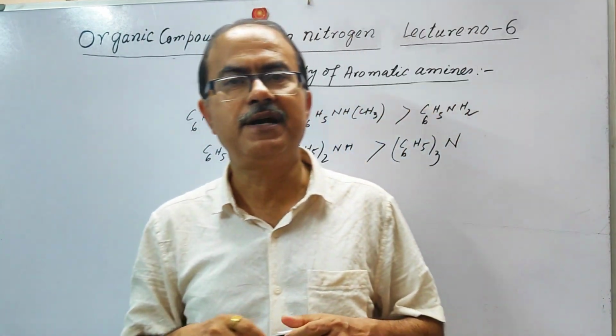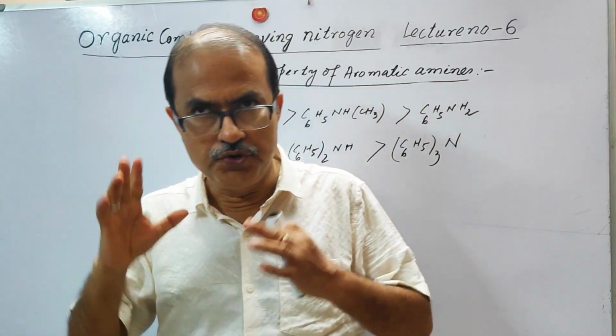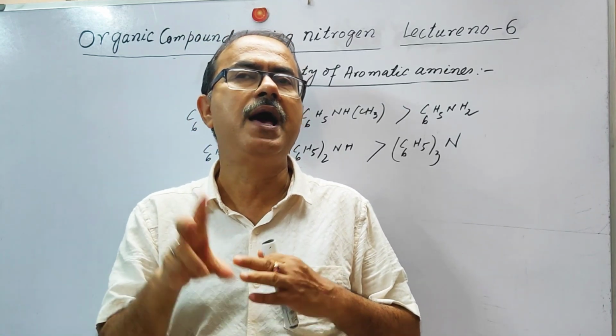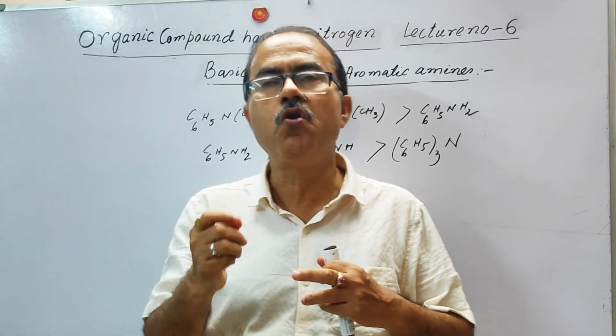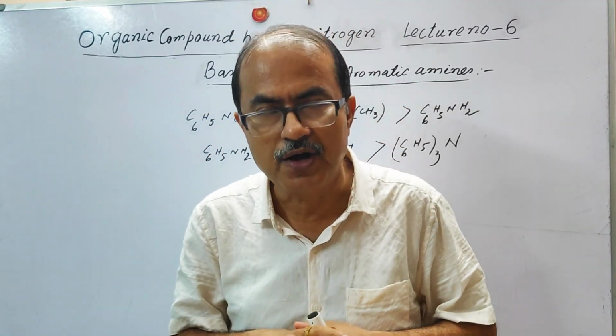In this lecture, we have discussed the impact of electron withdrawing groups and electron donating groups on the basic strength of the aromatic amine. And in the exam, you will find small questions, 1 mark questions, that are going to come.